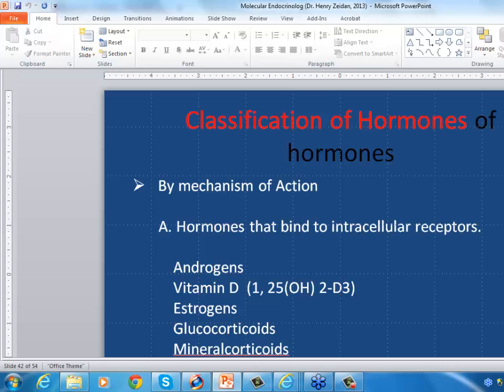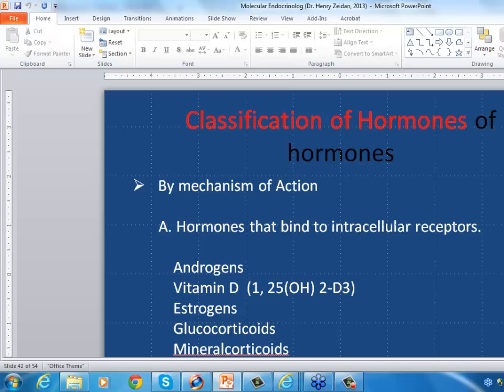Those are lipid-soluble hormones: androgens, vitamin D, estrogen, as I said, with the exception of adrenal androgen, which is covered by sulfate and therefore can circulate as a free hormone.